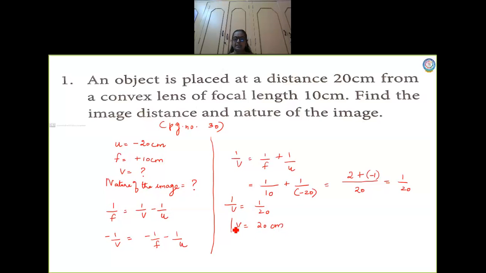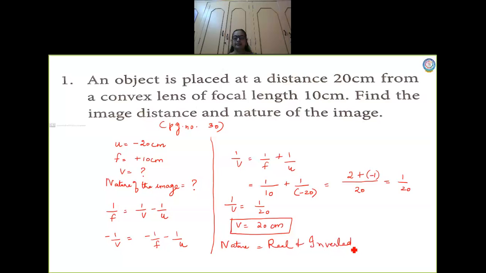So v is 20 centimeter. In the sense, is it positive or negative? It is positive. So whenever we have the image distance to be positive, what is the nature of the image formed? The nature of the image formed is real and inverted.